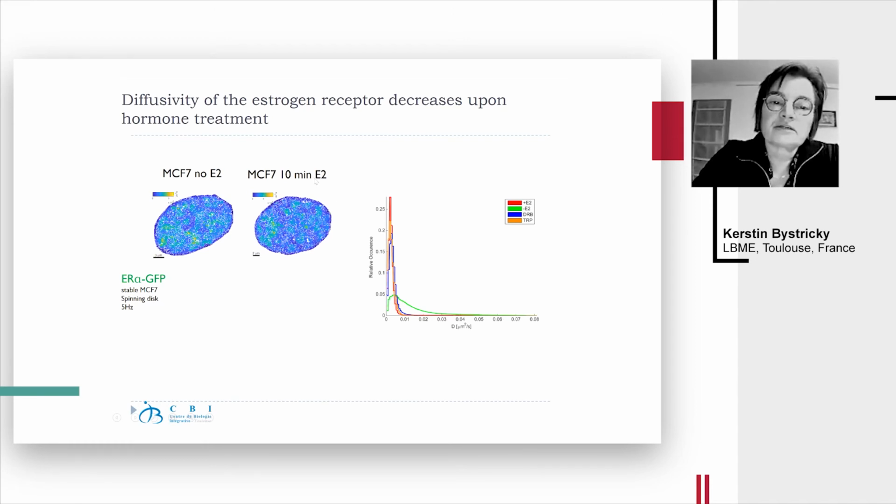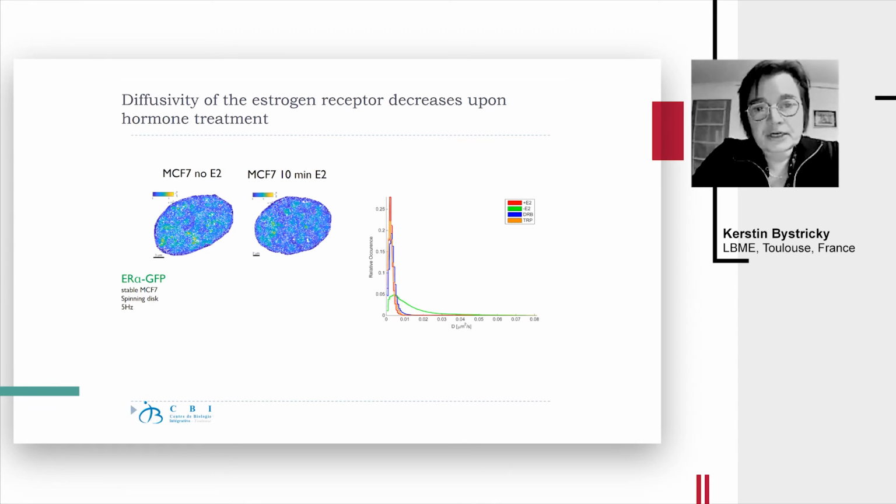We add estradiol to it. You can establish new density maps, but the diffusion coefficient values themselves are much reduced when estradiol is added, when the estrogen receptor is bound to DNA. So you will see similar values as with the chromatin that is reduced in transcription.